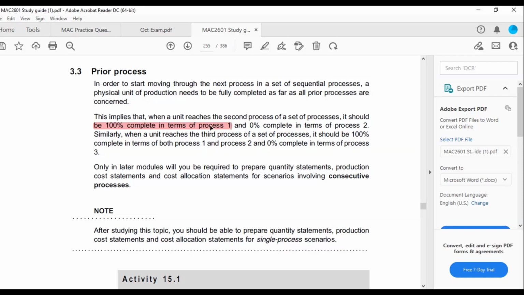But because there will be inputs for the grounding, there will be a 0% completion for the grounding. Makes sense, right? By the end of the roasting, we'll have roasted coffee beans, which are at 100%. But once they come to the grounding of those coffee beans, they come in at a 0 because they are inputs.